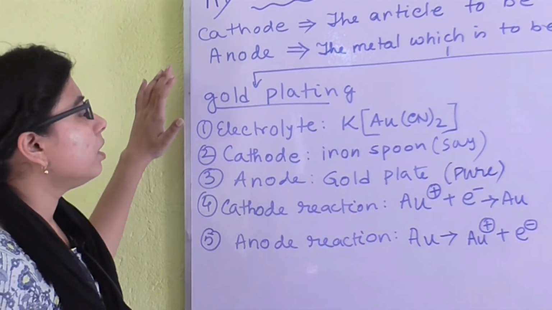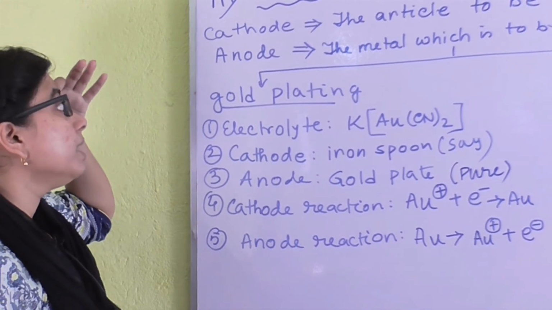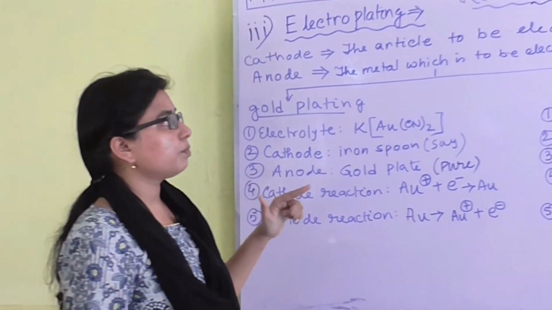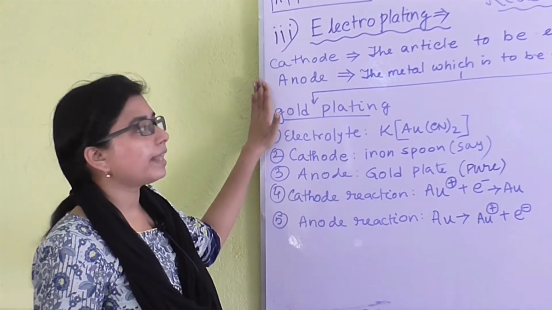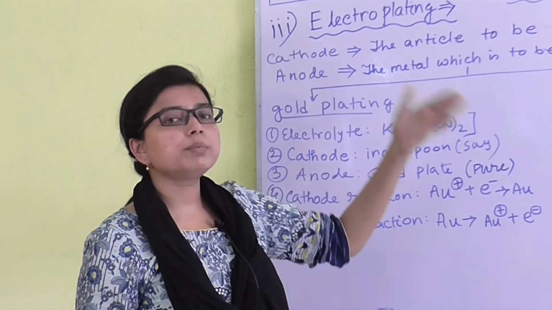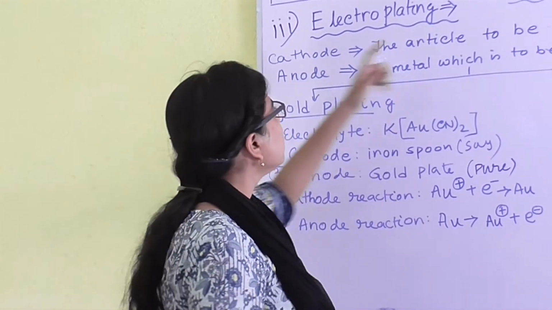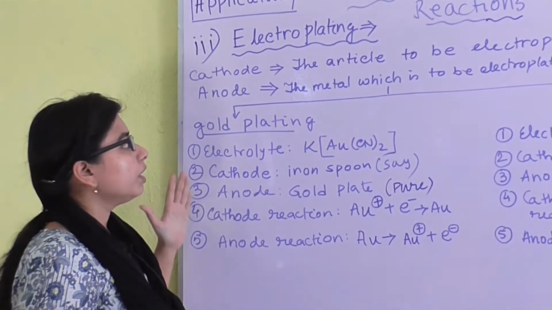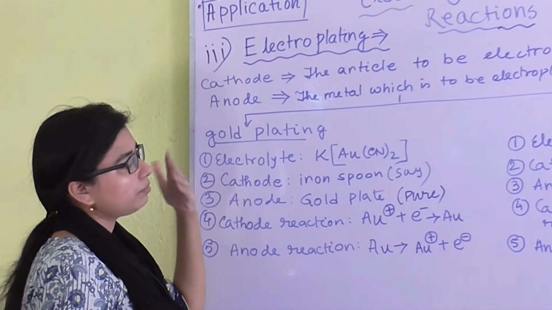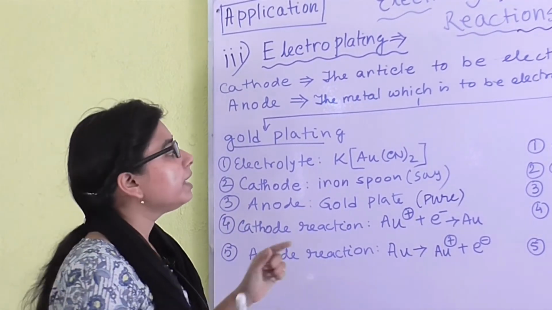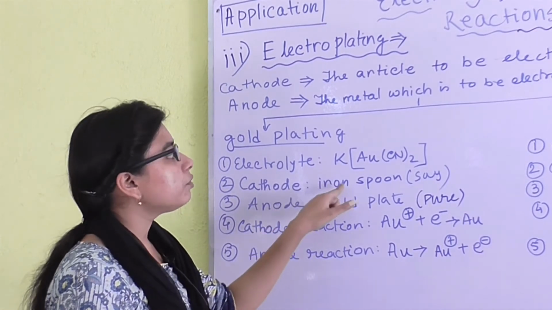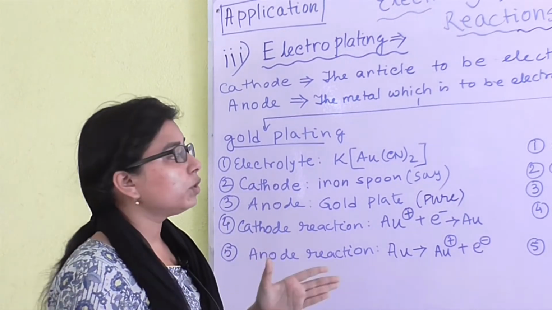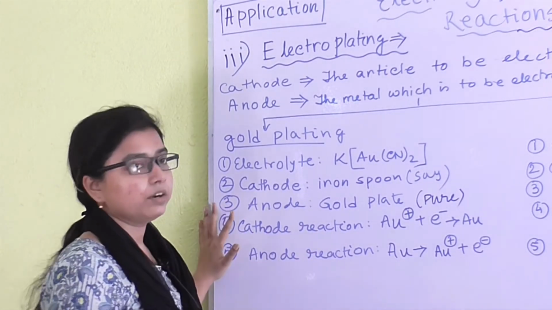Okay, so I am repeating again that for electroplating, the article which is to be electroplated will have to be taken as the cathode, and the metal which is to be electroplated over the article will be taken as the anode. Suppose if we want to do the gold plating over an iron spoon, then we have to take the iron spoon as the cathode and pure gold plate or pure gold strip as the anode.